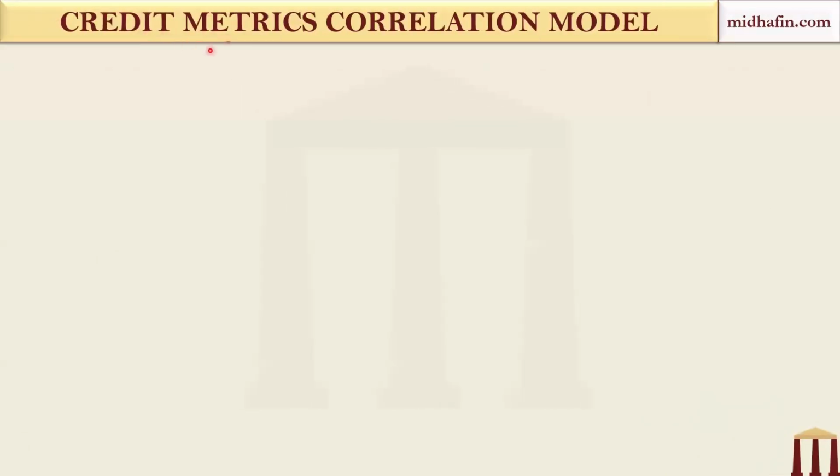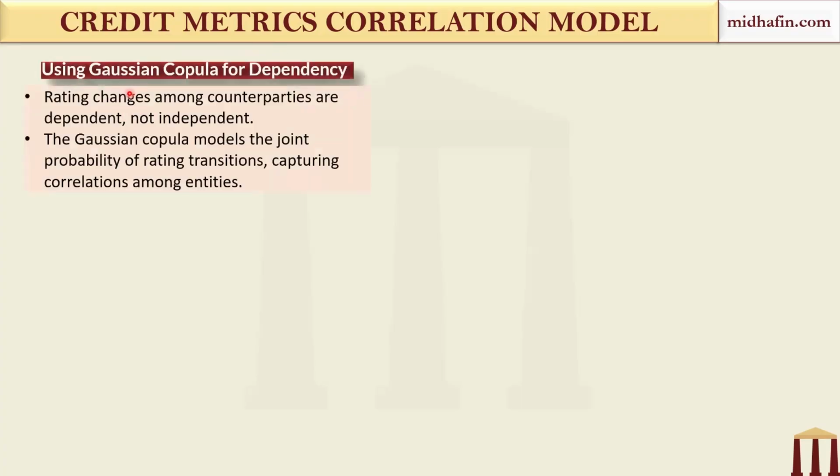Okay, let's see how CreditMetrics captures correlations between different counterparties' credit quality movements. So the first step is recognizing that rating changes are not independent events. If any firm's credit weakens, others in the same sector or region often follow, right?